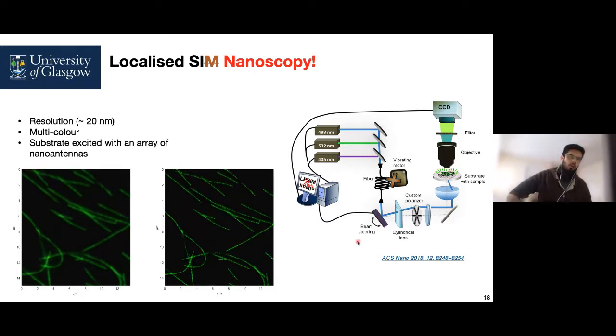Although this imaging technique is slower than plasmonic structured illumination microscopy, it is truly a nanoscopic technique rather than a microscopic technique, because the features that we are able to resolve through this localized structured illumination microscopy technique are much more enhanced.